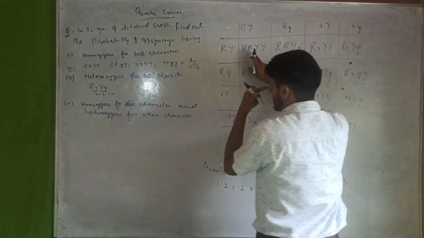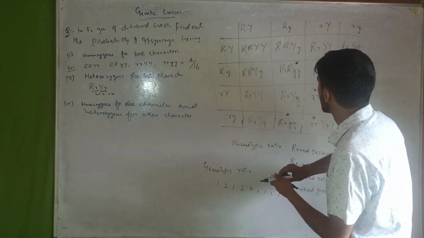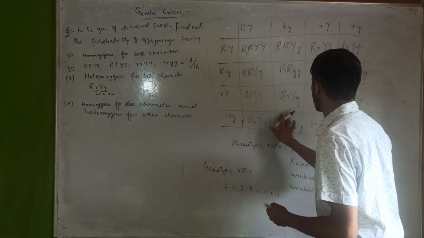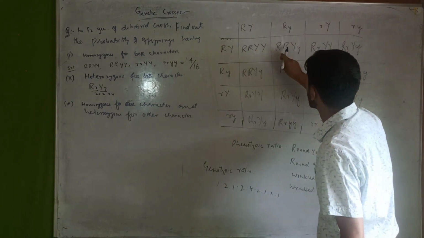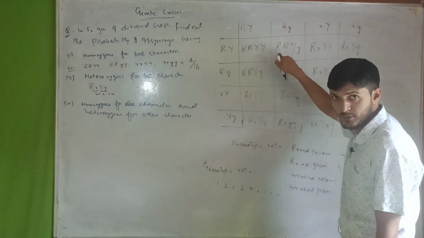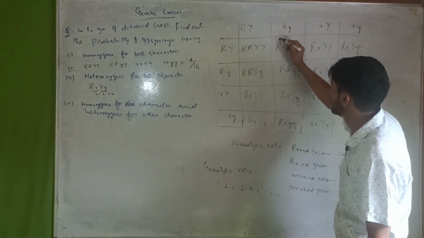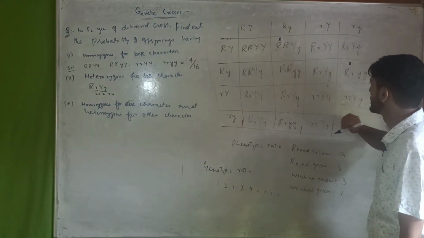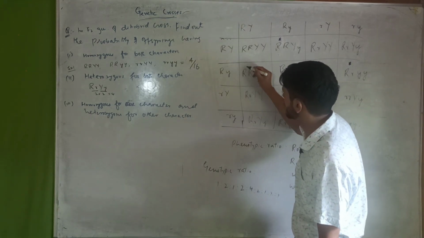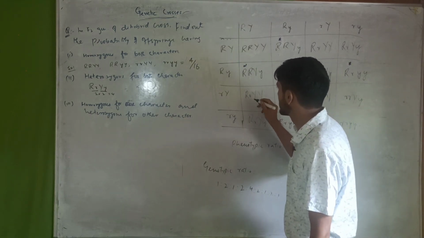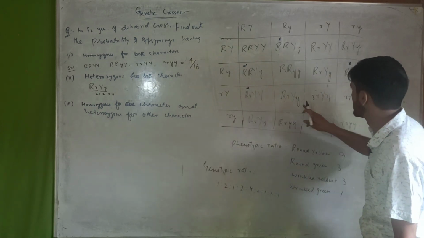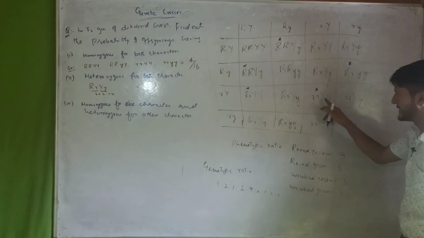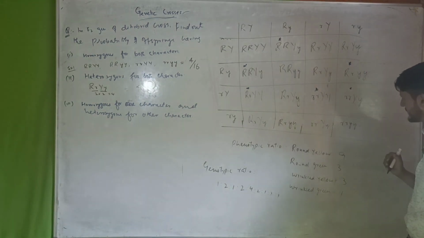See, this is homo and hetero. Capital R, capital R, homozygous; capital Y, small y, heterozygous. This is homo for one, hetero for the other. 2, homo for one, hetero for the other. 3, hetero for one, homo for the other. 4, homo for one, hetero for the other.